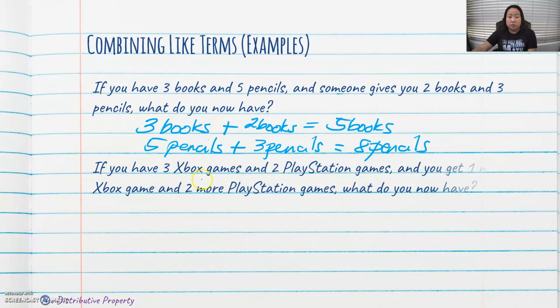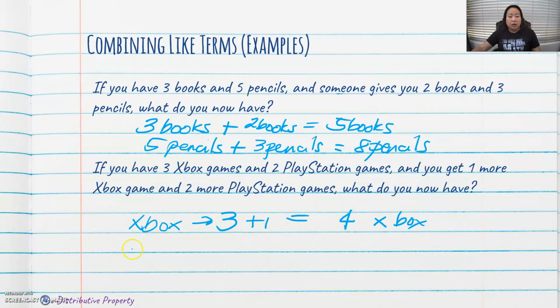Same thing here. If you have 3 Xbox games and 2 PlayStation games, and you get 1 more Xbox game and 2 more PlayStation games, what do you have now? You cannot combine the Xbox games and the PlayStation games together. For your Xbox, you have 3 and an additional 1, so you actually have 4 Xbox games.